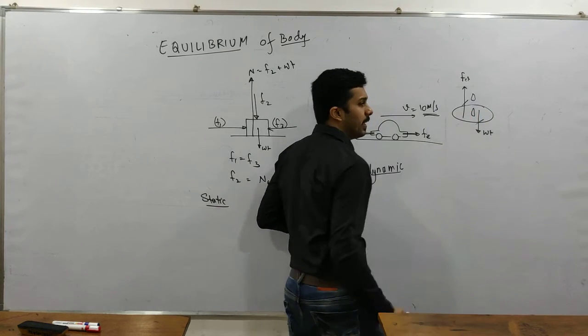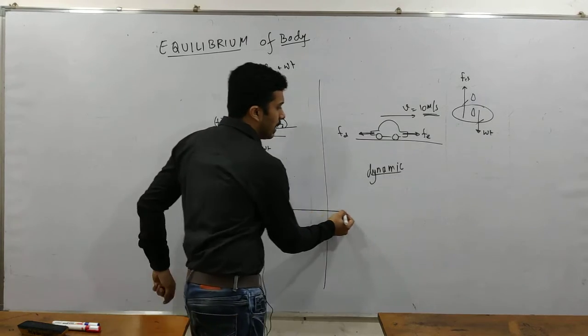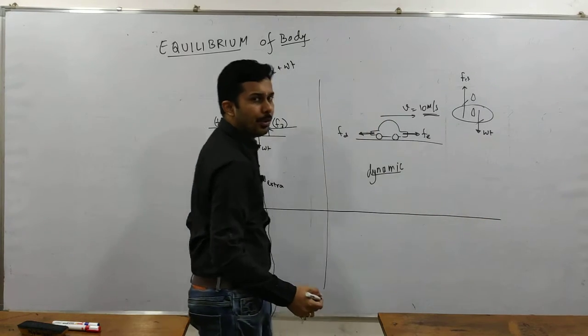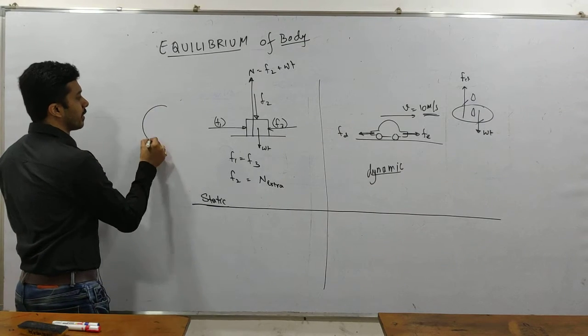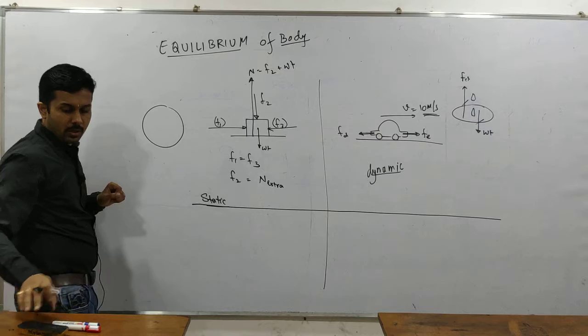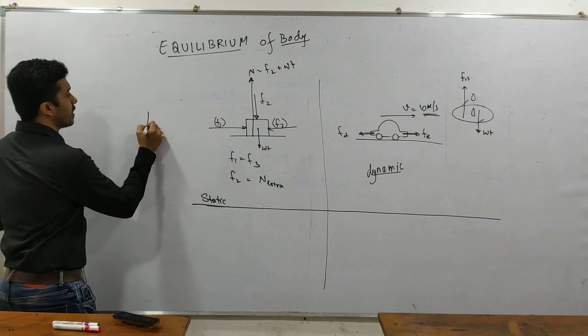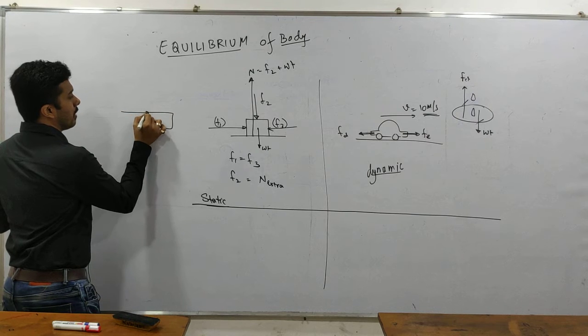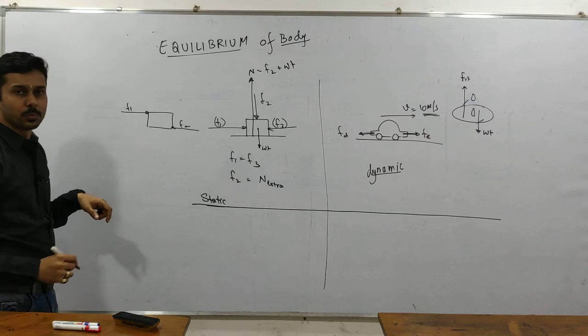Which kind of equilibrium is it? Dynamic equilibrium. If I want to extend the concept of static and dynamic beyond the normal forces, it also applies for rotational effect. Let's say I have the same square body, cubic body I would rather say. This is force F1 and this is force F2.